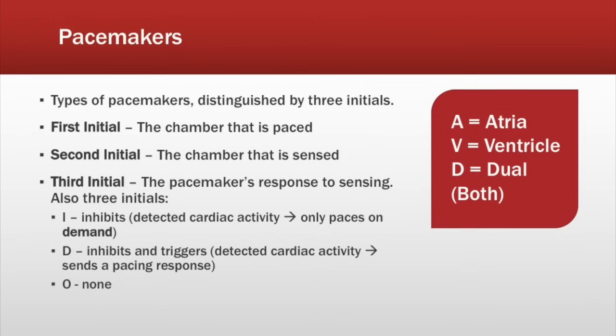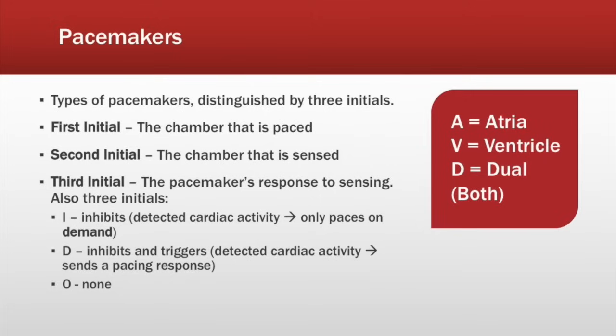The third initial is the pacemaker's response to the sensing. Remember that no response is still a response. You can have one of three letters in the third initial spot. You can have I for inhibits. Once the pacemaker senses the cardiac activity, then I is going to inhibit itself, meaning it's only going to pace when it's needed as far as demand goes.